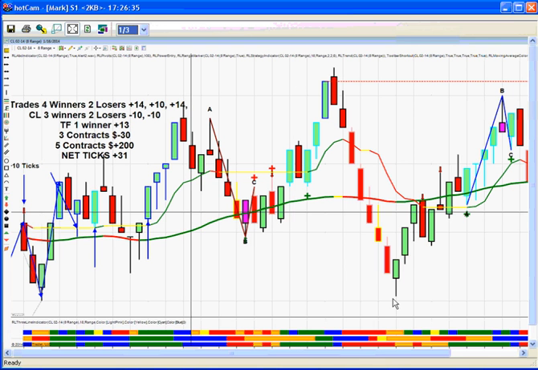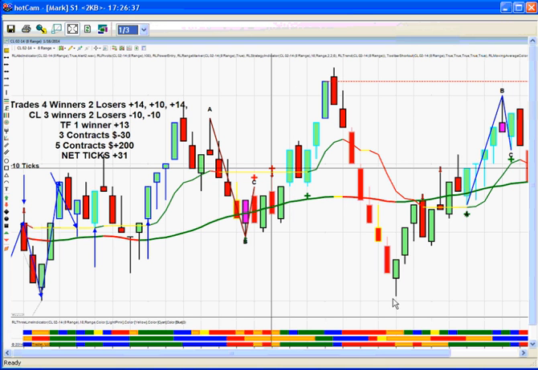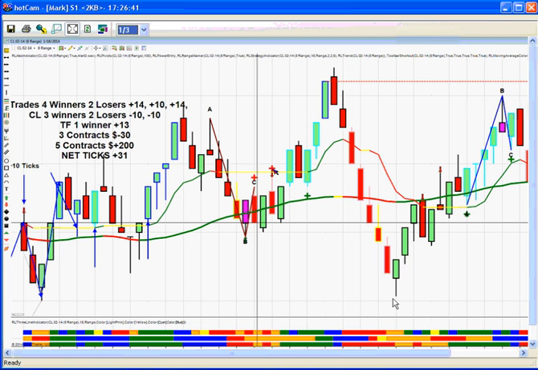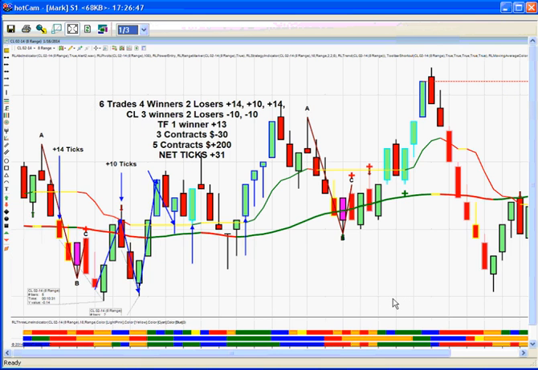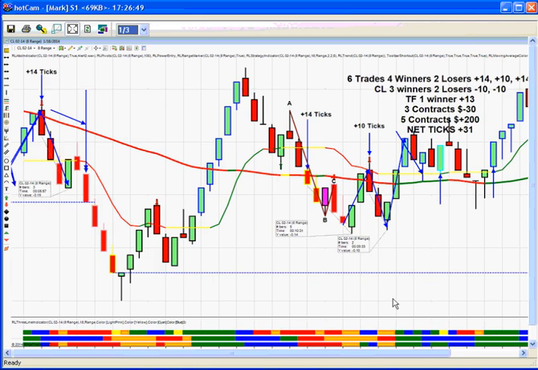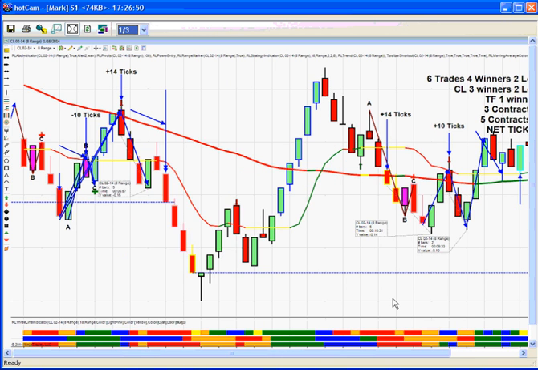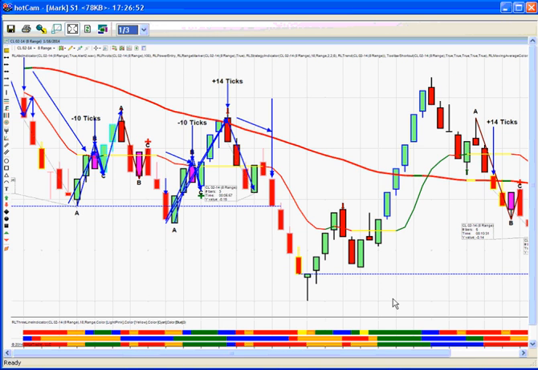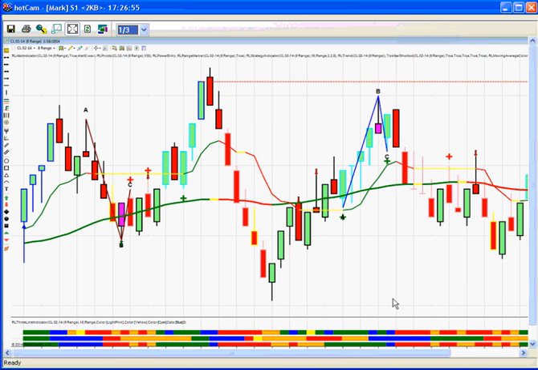This assimilates data from multiple time frames. The arrows are power entries, the triangles are strategy entries, and the ABC, based on a statistical analysis of 1 year of market replay data, 15 ticks, 70%.